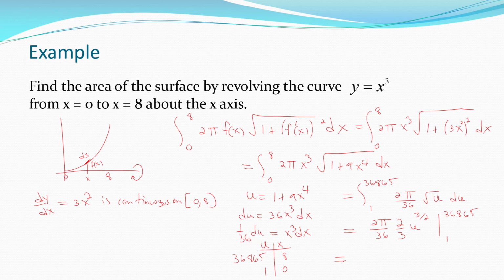You have 4 pi over 36, that's pi over 9. Divide by 3, that's pi over 27. So you have pi over 27 further multiplied by 36,865 to the 3/2 power minus 1. That's the answer. That would be the area of that surface.